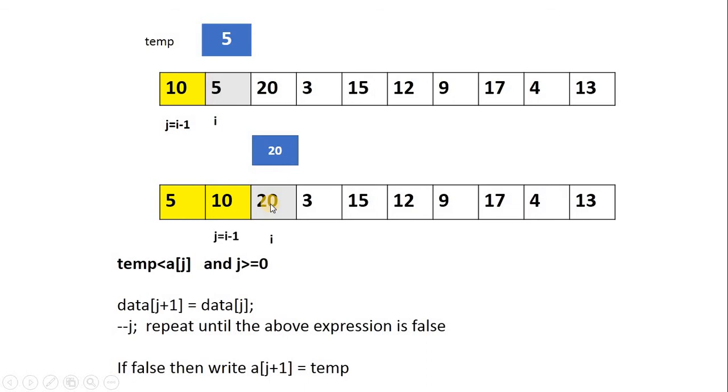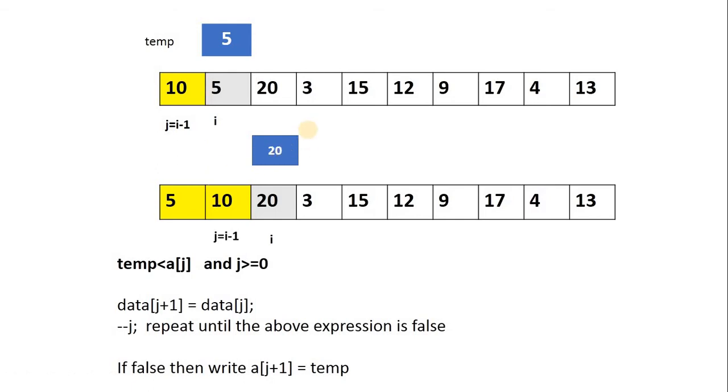Now we go with the 20. So 20 is again said to be I. Now 20 is placed in temp, and you forget about the earlier value. You always have to compare with temp. So is temp less than 10?